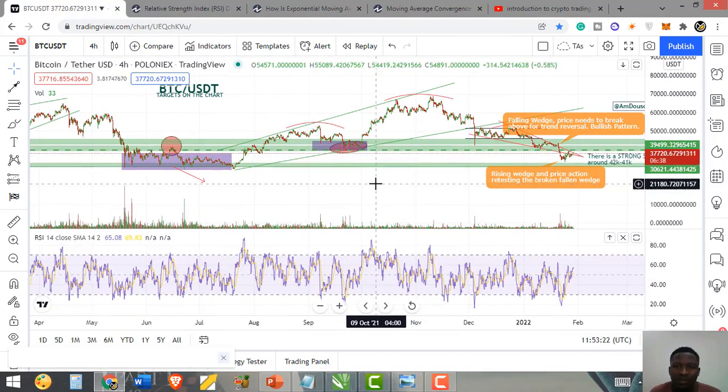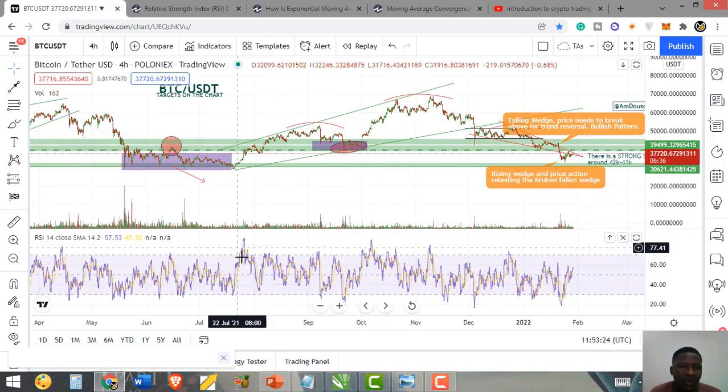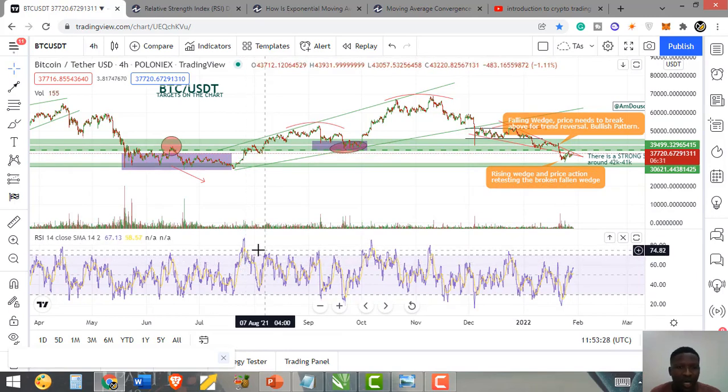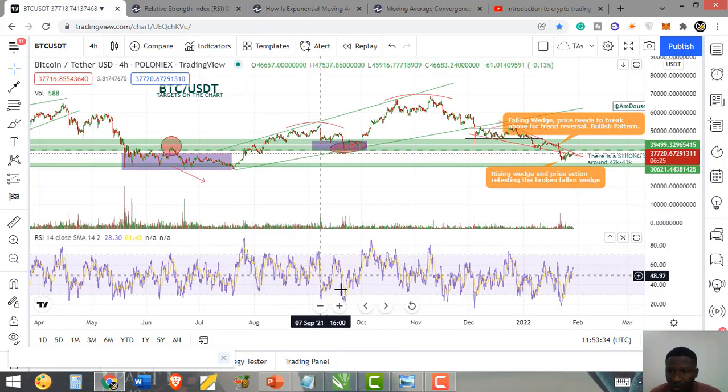Now if you look at the RSI, it flows with the chart. If the RSI goes above 70, that means it is overbought, and if it goes below 30, that is oversold.